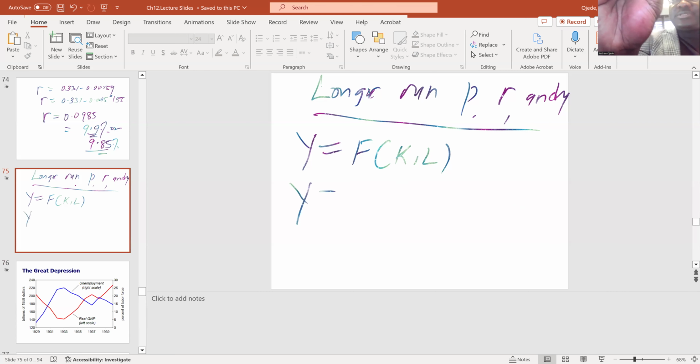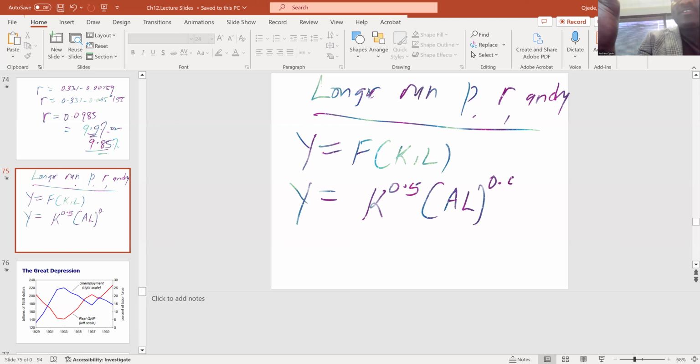So Y equals, we have been given this, the production function was given as K to the 0.5 times A L to the 0.5. Again, drop the time subscript, the t's that are put here. So your long run output is going to be, the value of K was given, I think, as 196.